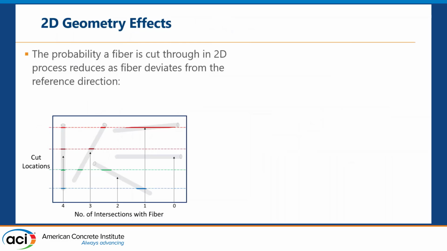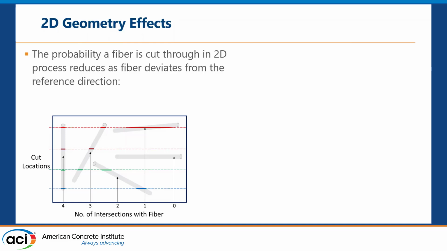Now, when we did our 2D analysis, we took an additional step, which is the cut plane that we make through the sample. And when we make a cut through the sample, the fibers that tend to be parallel to the reference orientation have higher likelihood to be cut by the plane.